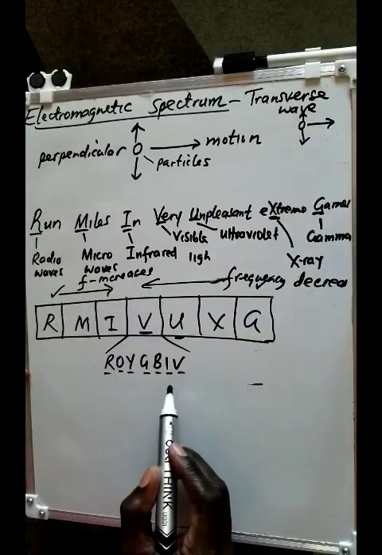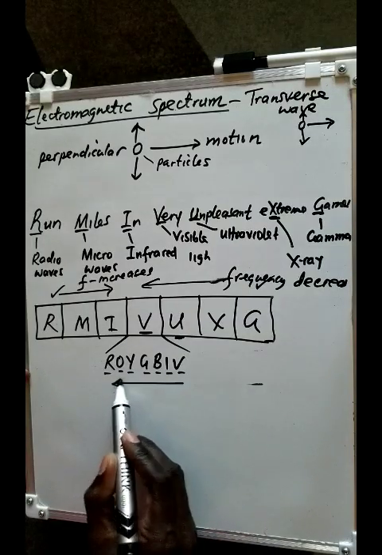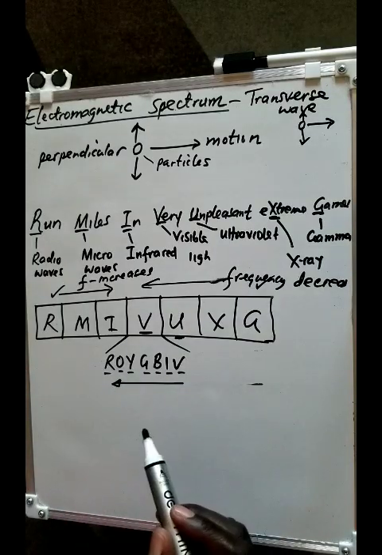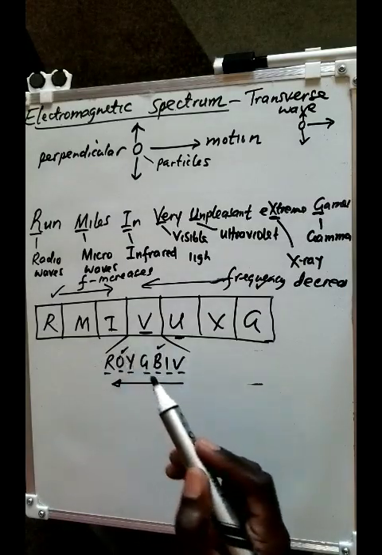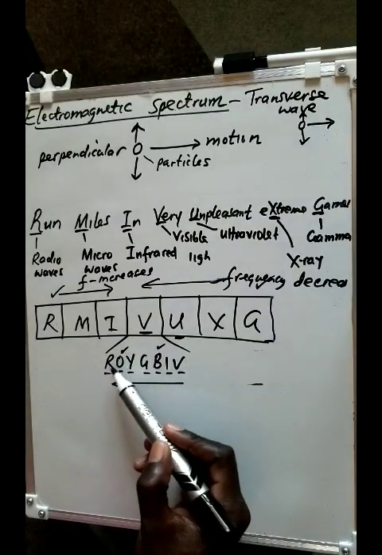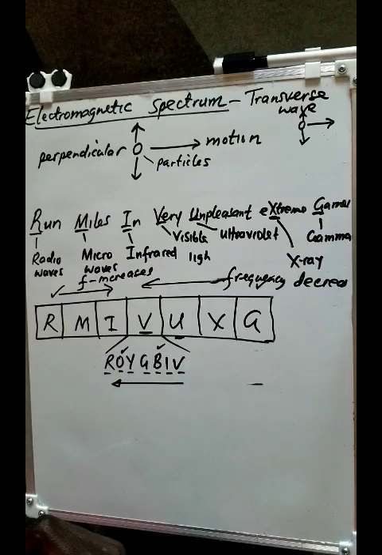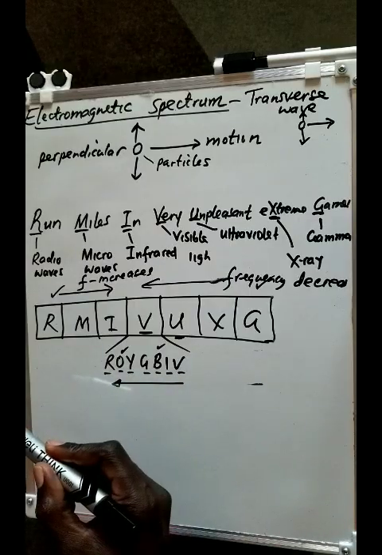So if I was to ask you which one has the greater wavelength between blue and orange, of course orange will have the greatest wavelength, because as you move in that direction, the wavelength increases.